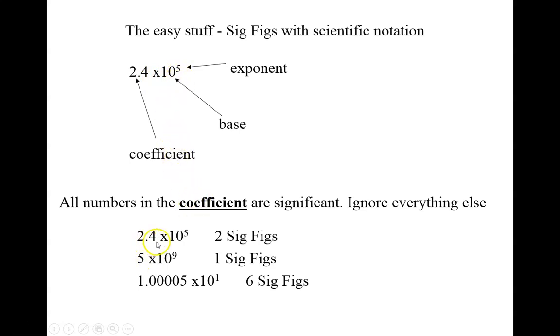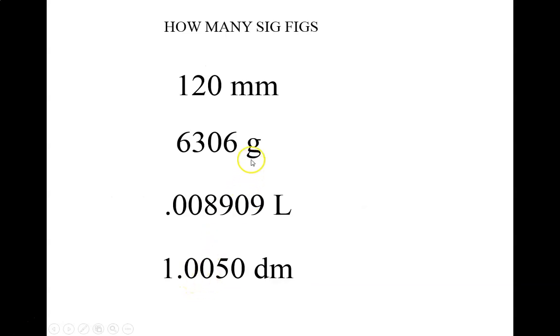So the 2 and the 4 are sig figs. The times 10 to the is not. So 2 sig figs. 5 times 10 to the 9th, it's just the 5 that's a sig fig, and that would be a sig fig according to all the other rules anyway. So again, all the numbers in the coefficient, the number before the times 10 to the, are significant.